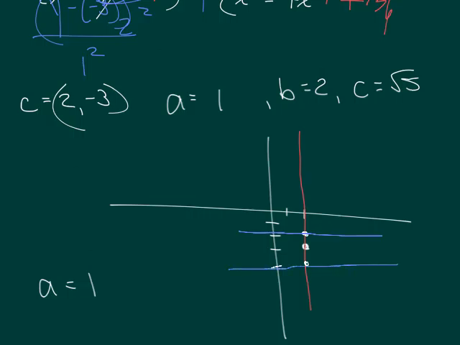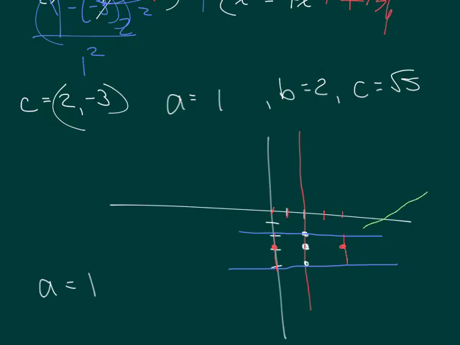And then I look at my b. My b says that it's 2, so I'm going to start here, and go 2 this way and 2 that way. Do that in red, so 1, 2, 1, 2. And draw my line there and there. Okay, so I'm going to draw my asymptotes in green here.